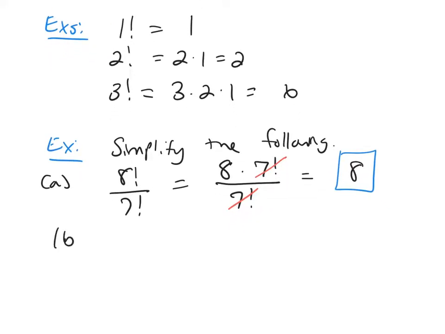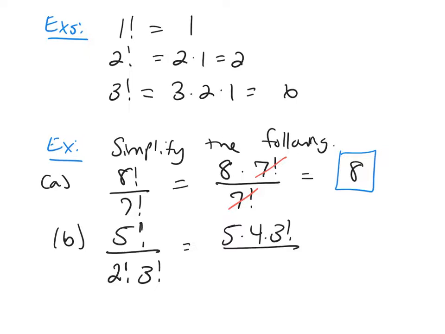Let's simplify another one. Let's do 5 factorial over 2 factorial times 3 factorial. So 5 factorial is the same thing as 5 times 4 times 3 factorial. And I can cancel these 3 factorials. So I'm left with 5 times 4 over 2 times 1, which is 10.